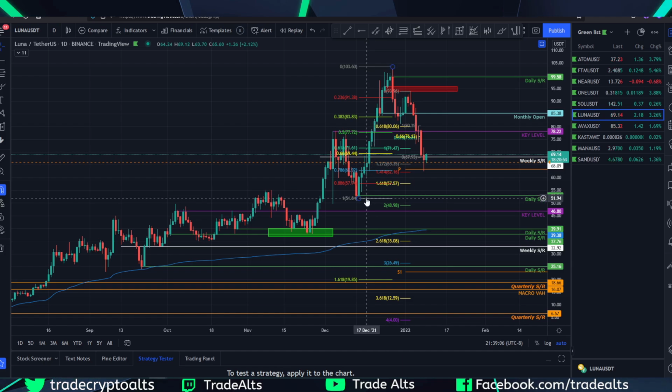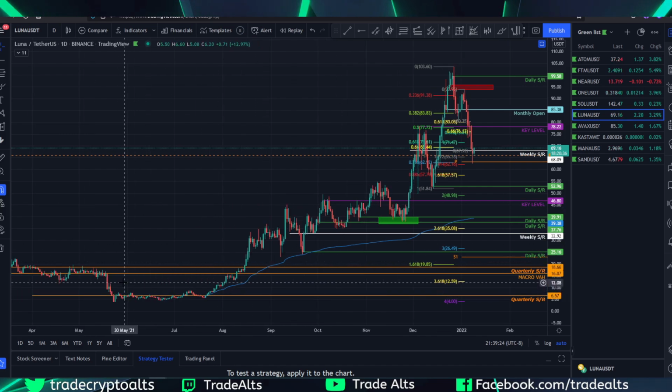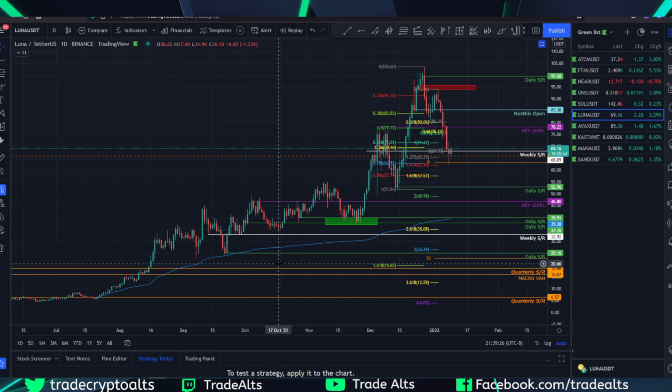For me, this pivot here is an important pivot, and this is the start. This is my starting point when I did my fixed range tool all the way to the all-time high. Again, we'll talk about different pulls that you can use on this chart.